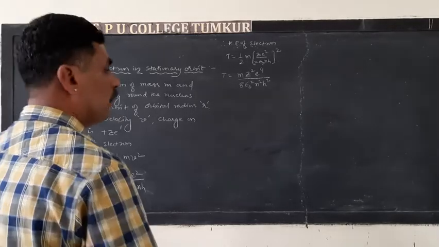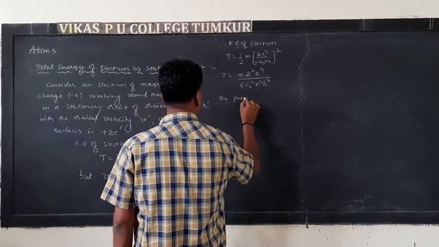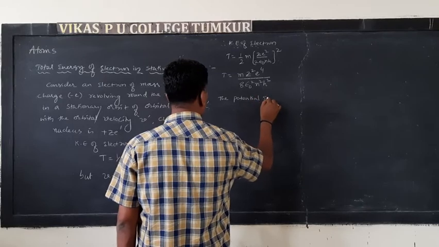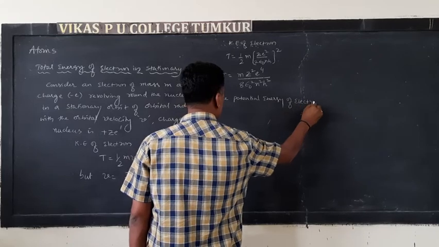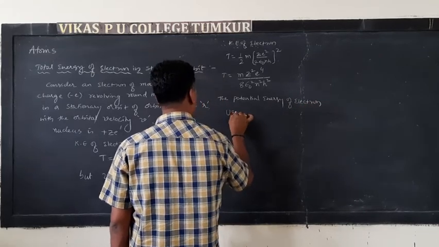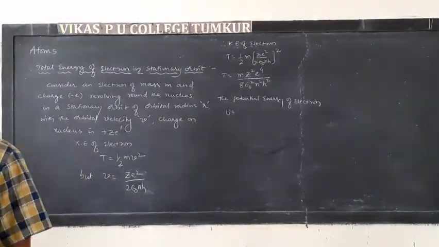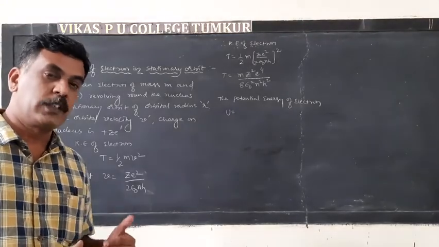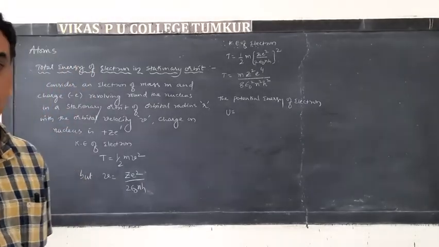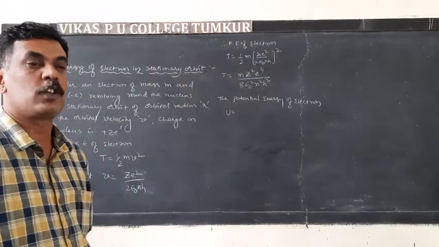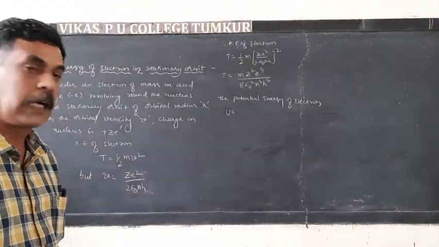Let me now find the potential energy of the electron. Let us write it as U. So how do we find the potential energy? The electric potential at distance r, which is the radius of the electron orbit, multiplied by the electron charge will give you the potential energy at distance r from the nucleus.